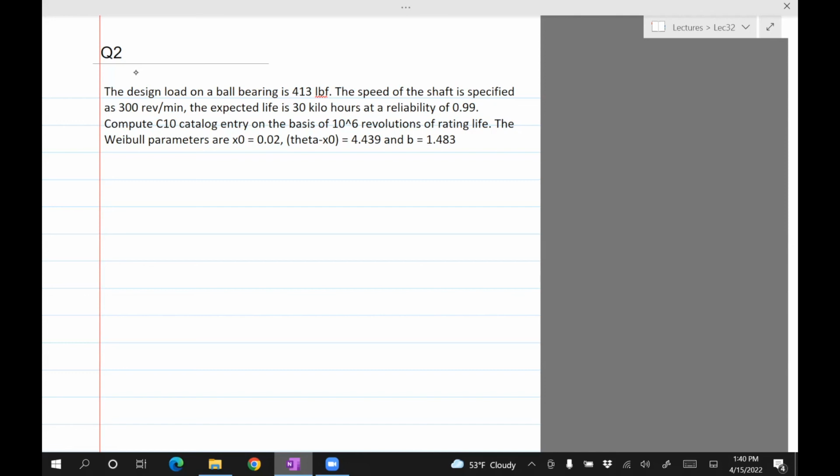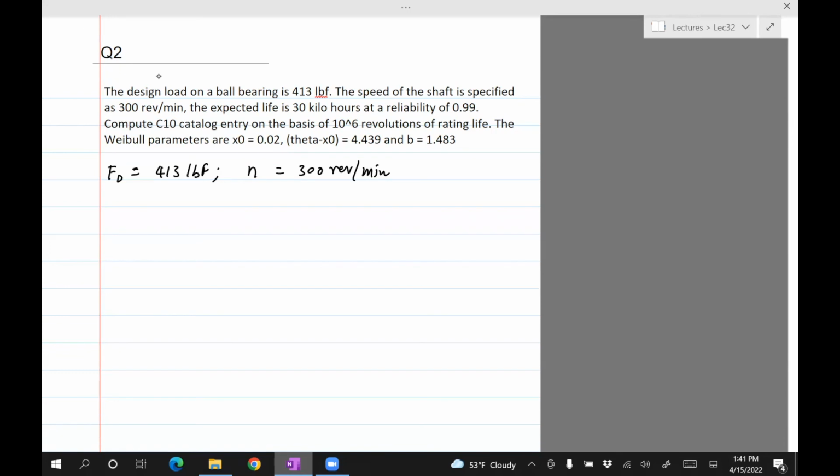Let's try to parse these values in terms of the variables we've identified before. The design load on a ball bearing, that is the load which we want to design it for, so FD equals 413 lbf. The speed of the shaft is 300 revolutions per minute, so this should be nD, 300 revs per minute, and this is desired.